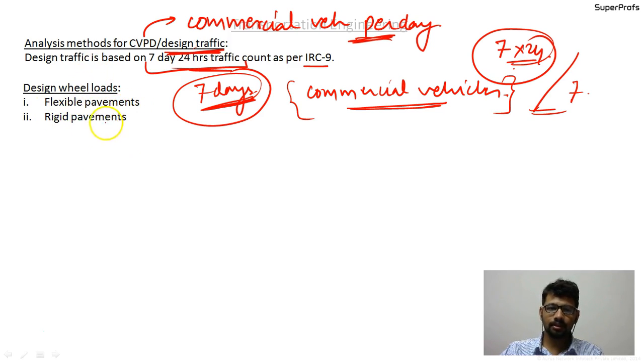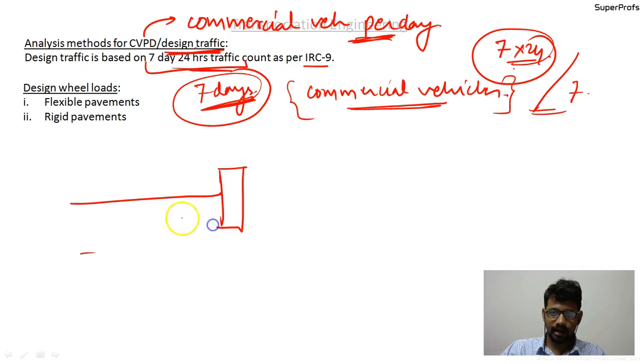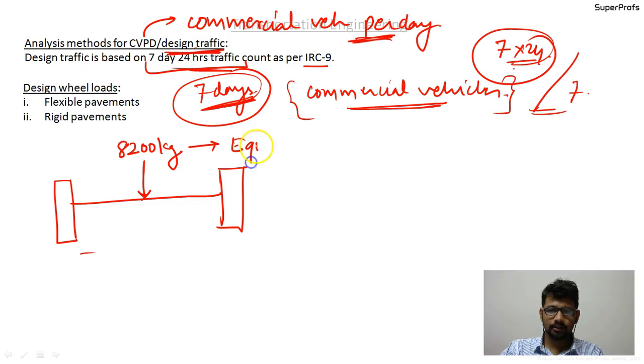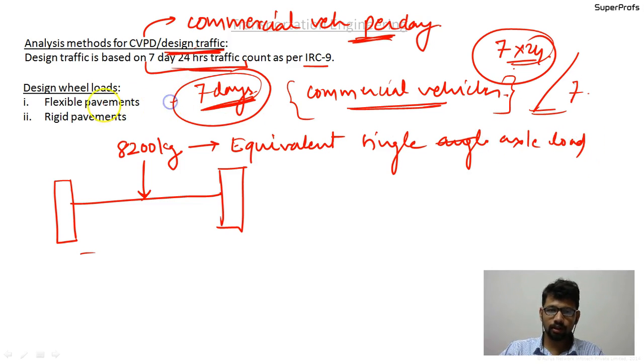Now let's discuss the design wheel loads. Design wheel loads for flexible pavements and rigid pavements are different. As far as flexible pavements are concerned, suppose this is the axle, the equivalent single axle load is 8200 kg, and the equivalent single wheel load comes out to be 4100 kg.